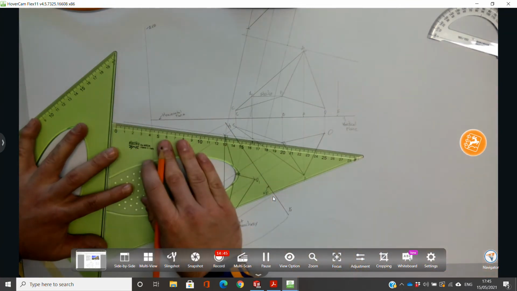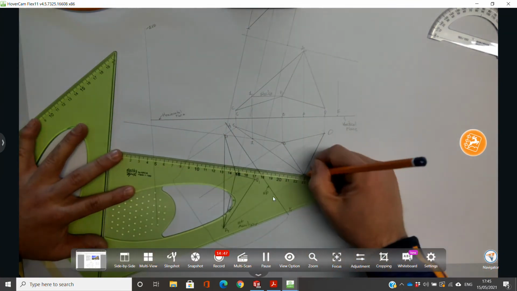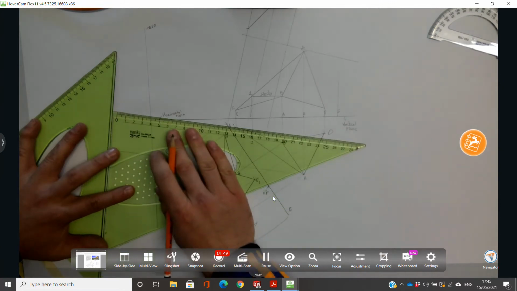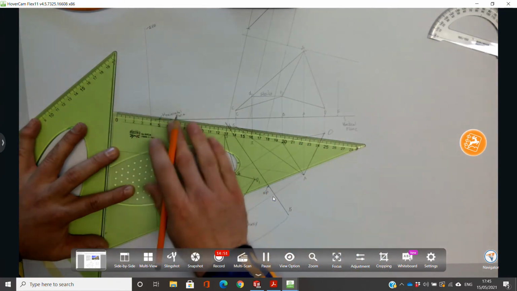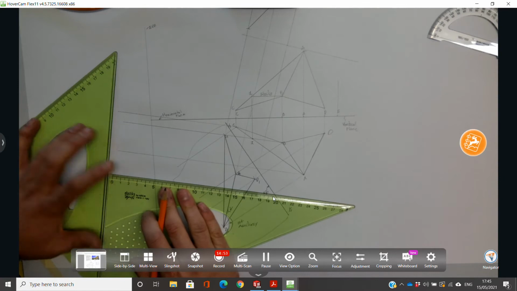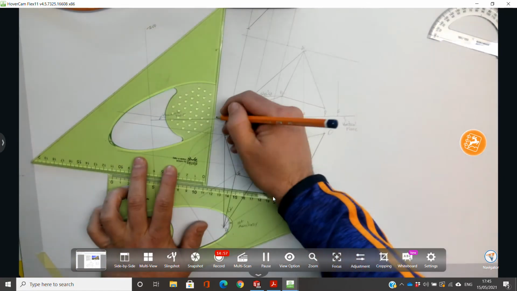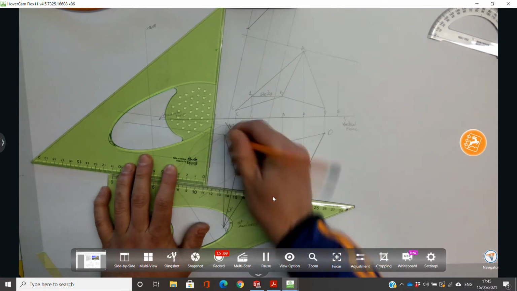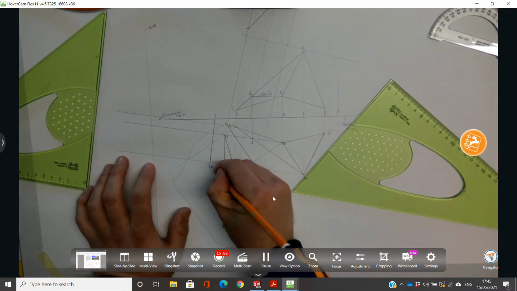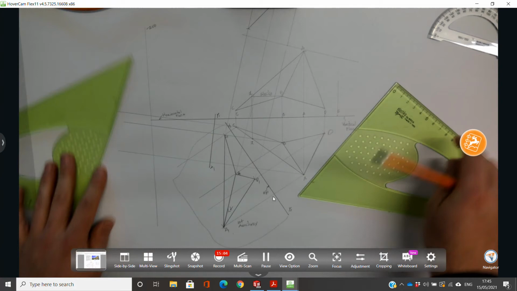Look along line B1 because it's true length in plan, so the surface will project as an edge when line B1 projects as a point. Now, look along line B1. Take the heights from elevation.